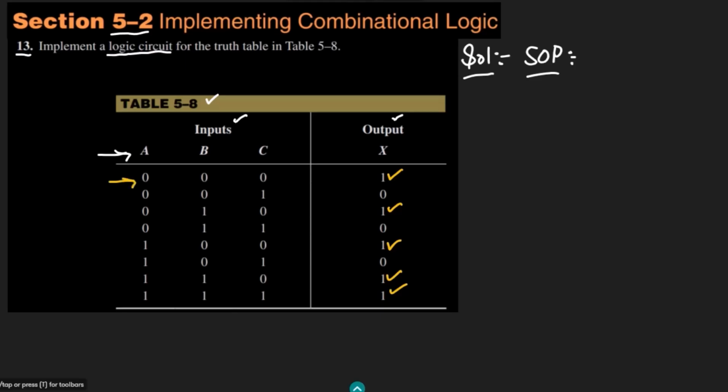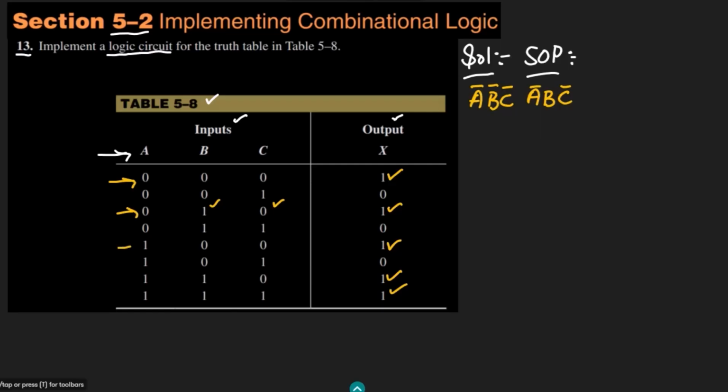The first term here is 0 0 0, and I have to make it A complement, B complement, C complement. The second term is where A is 0, B is 1 and C is 0. So I write A complement, B is 1 so it will not affect the product, and C should also be complemented to make it 1.